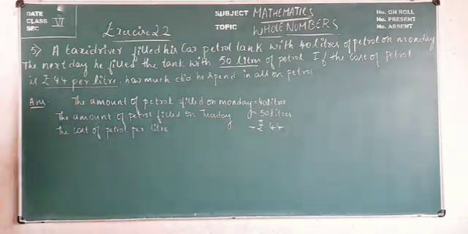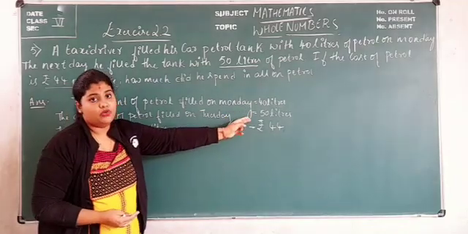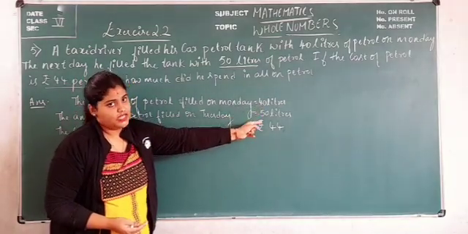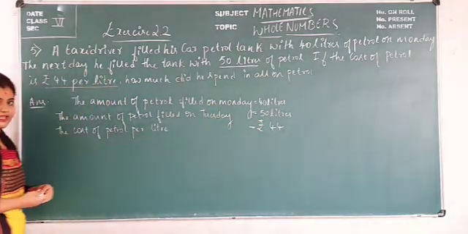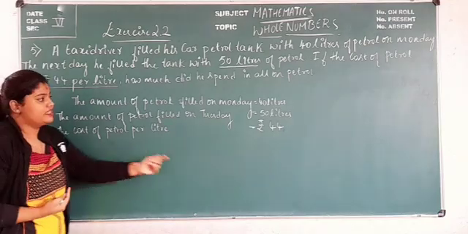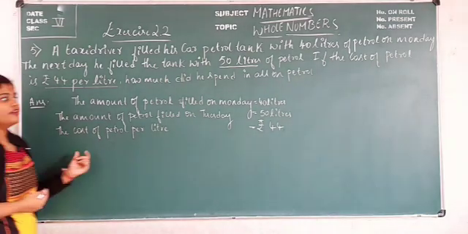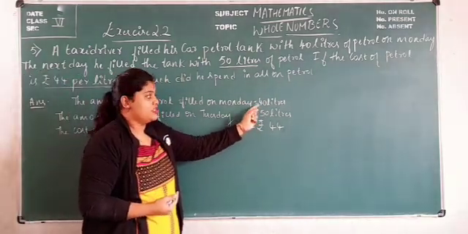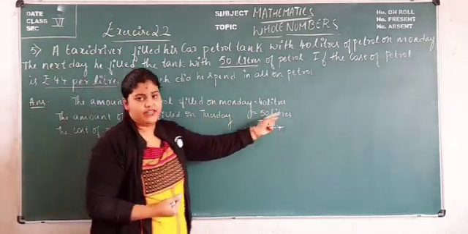So what has to be done? Yes, we have to add the amount of petrol he has refilled on both the days, that is 40 plus 50. Then we know the cost of petrol per liter, that is rupees 44. So first we add the amount of petrol refilled on Monday, 40, plus the amount refilled on Tuesday, 50 liters.